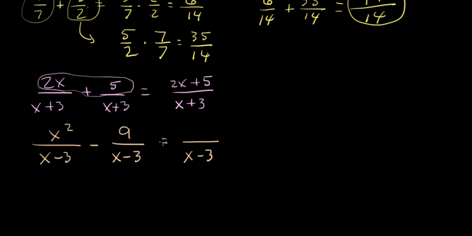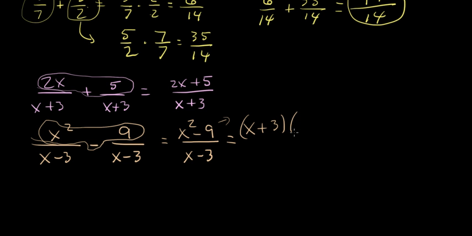So we got x minus 3, and on the top we have x squared minus 9. Now some of you have already figured out we're not done yet, because this can be factored. This is x plus 3 times x minus 3, and that's over x minus 3.